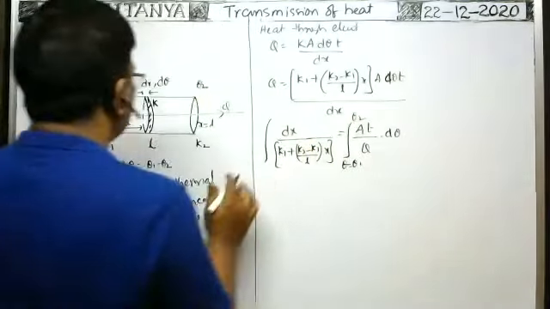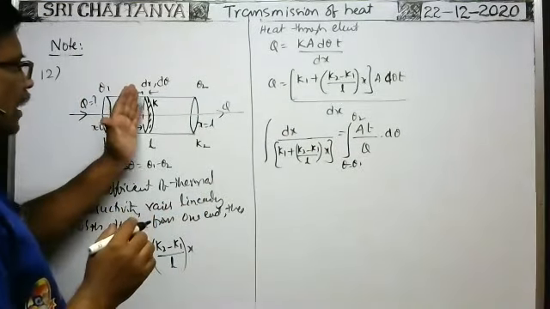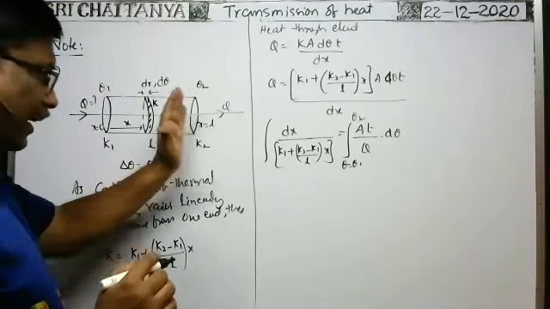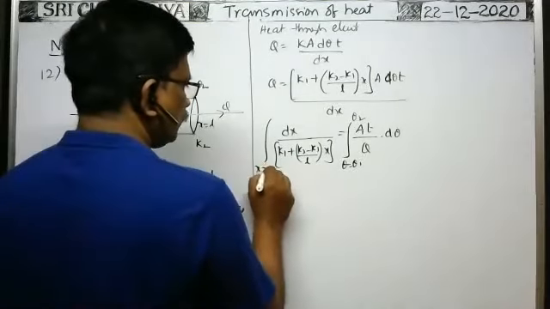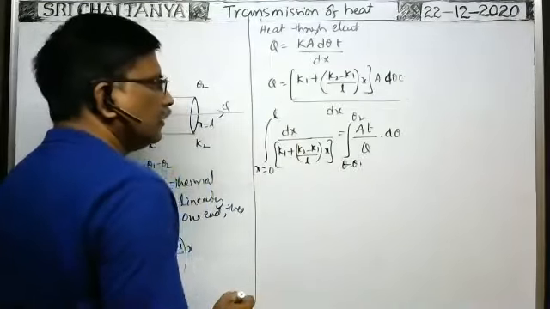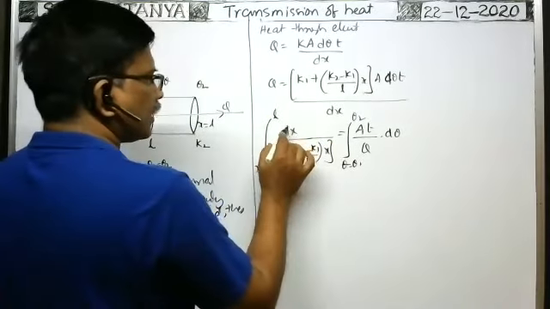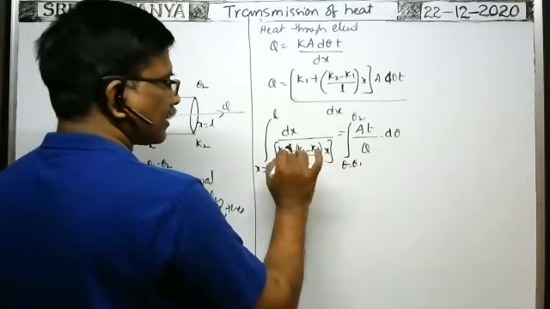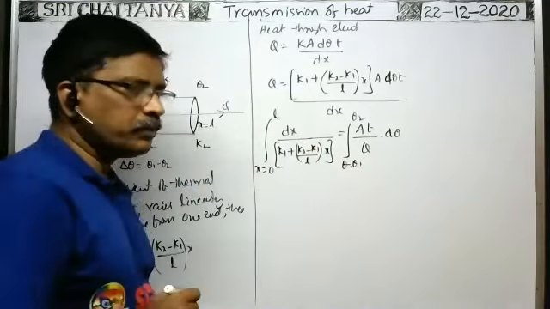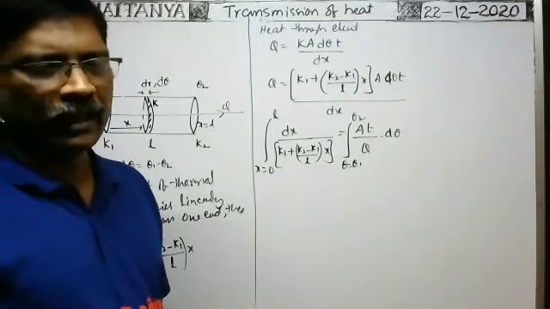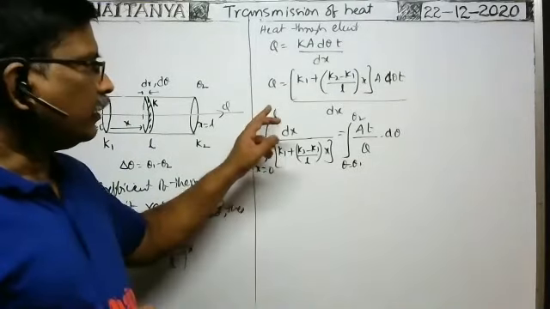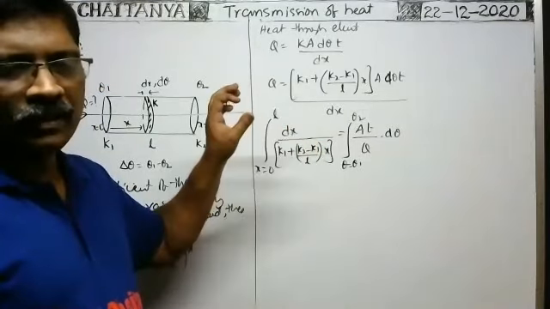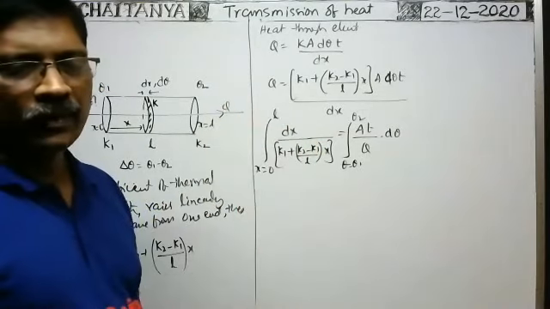At a distance x we consider the element, and such elements can be imagined from x equal to 0 to x equal to L, so you integrate from 0 to L. Here you see, it is just like 1 by a plus bx. When you integrate 1 by a plus bx into dx, what is the integration value?